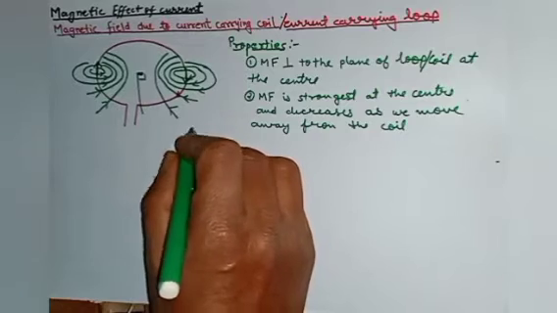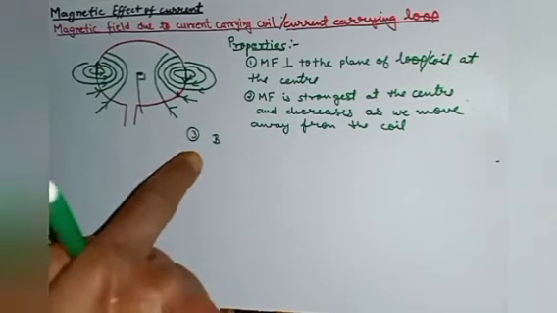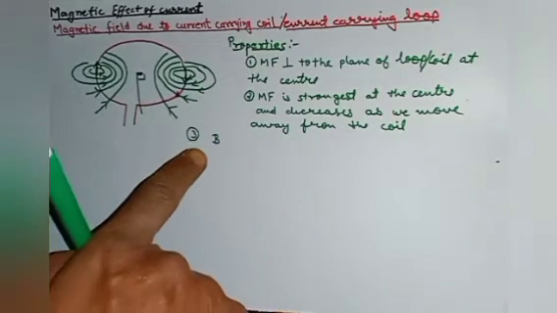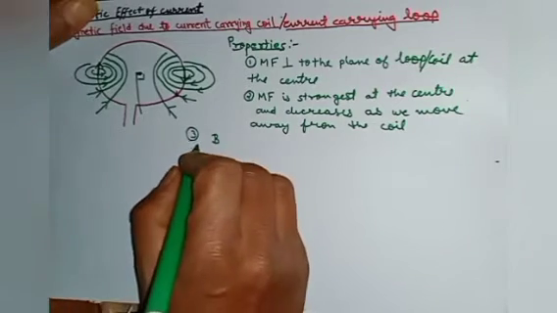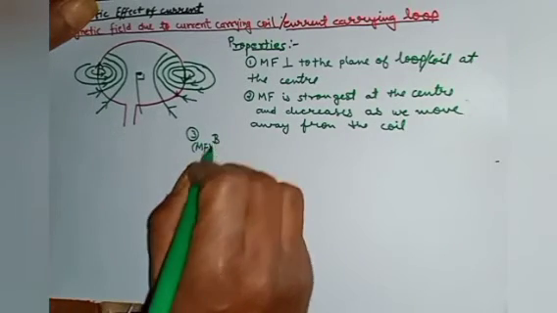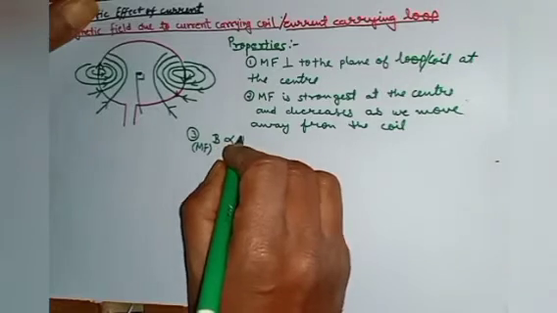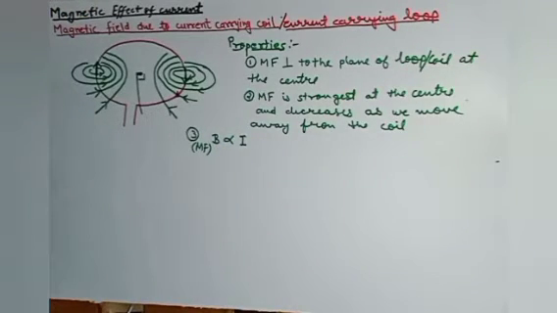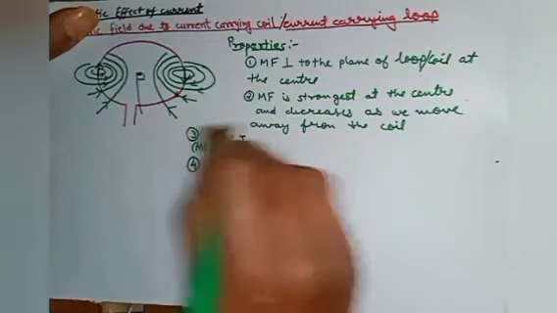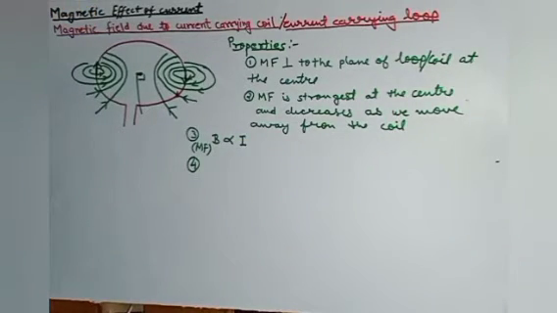Next, third, magnetic field. In previous videos, I have introduced this. The magnetic field, that is B, is directly proportional to current. Meaning if we increase the current, then the magnetic field will also increase. I'm not writing it in my statement, but you need to write it because maybe you will get confused about what is happening here.